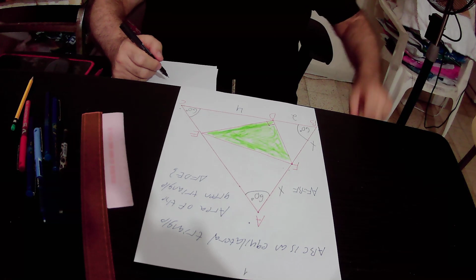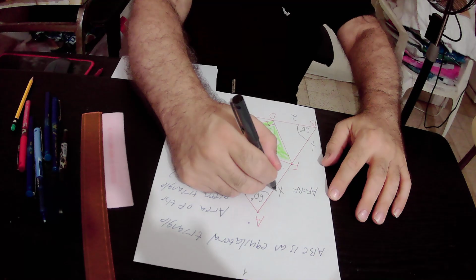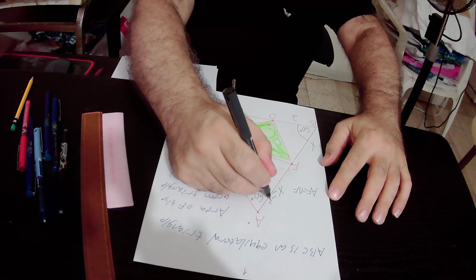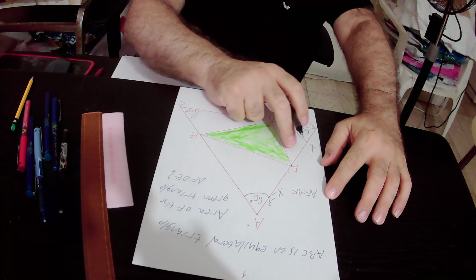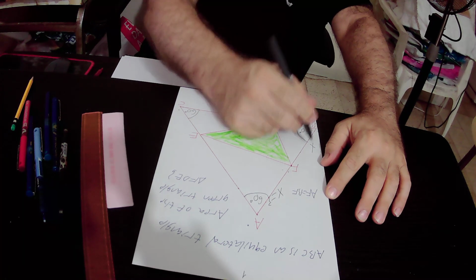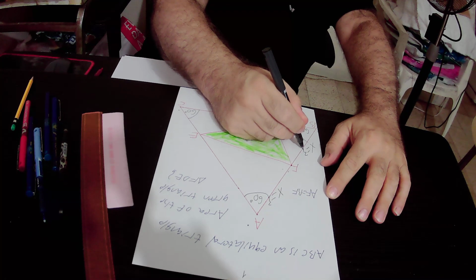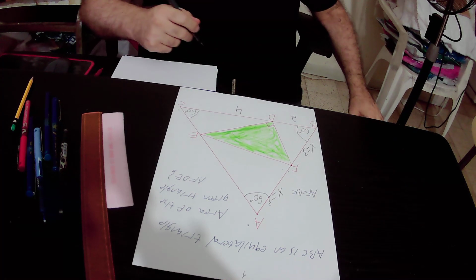That means that AF also equals 3 units, and BF, which equals AF, equals 3 units. That is to say, BF also equals 3 units.